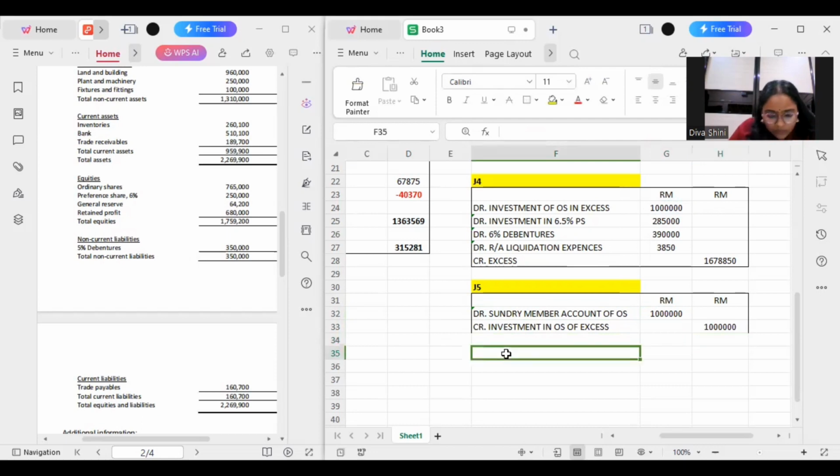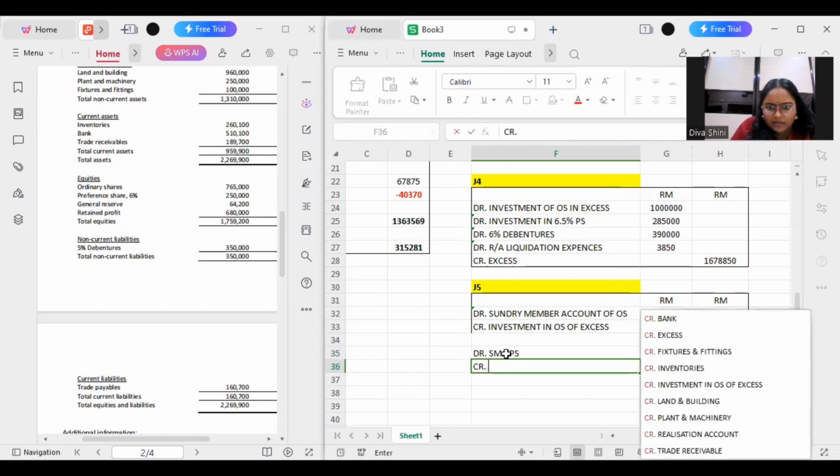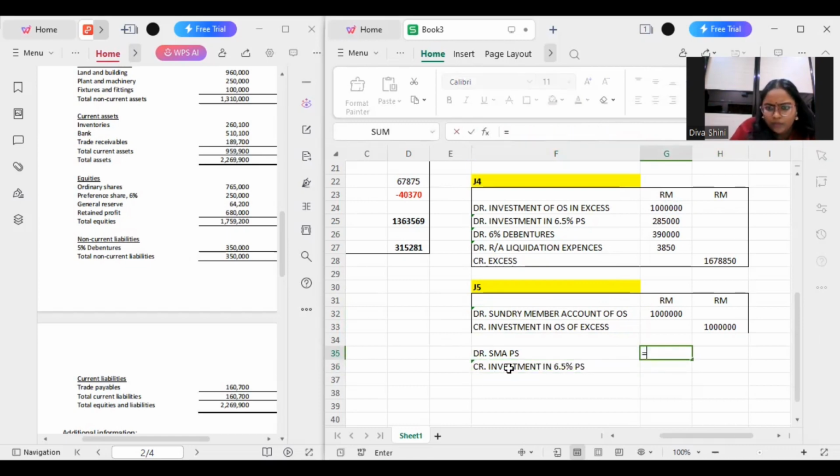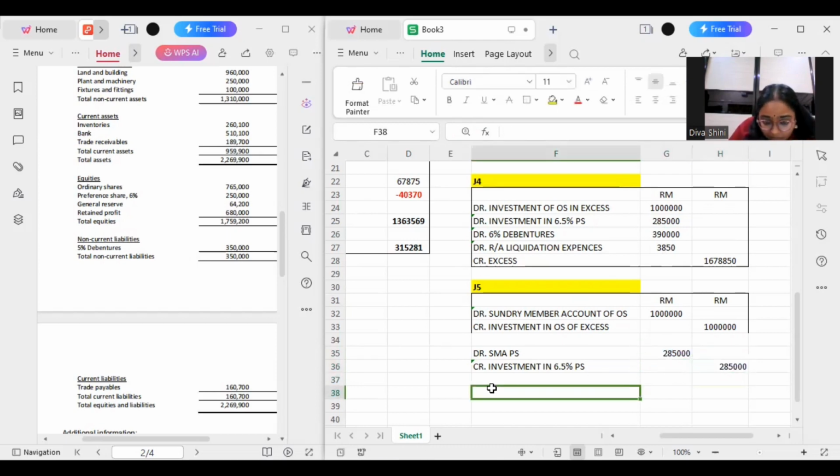Same goes to the second one, SMA PS. The credit is investment in 6.5% PS, and the amount also from J4. Okay, and then we need to do the debentures.